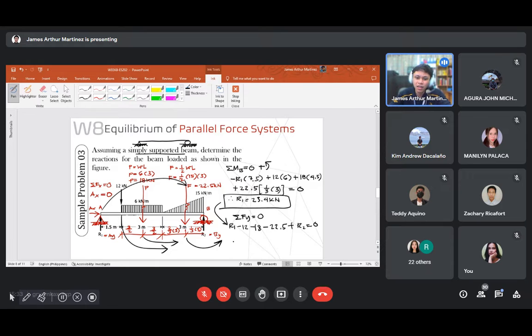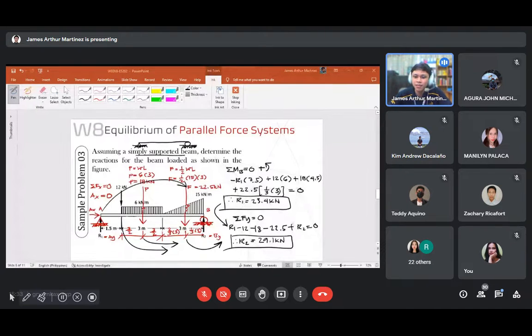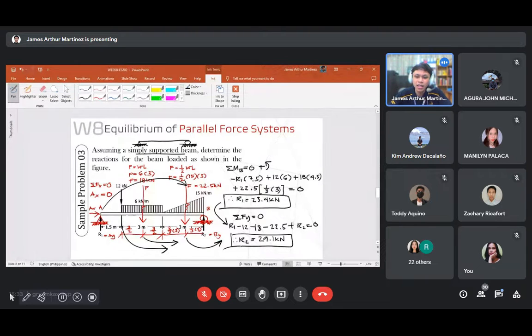Substitute the value for R1, therefore we obtain R2. So, how much is this? This is 29.1 kilonewtons. Okay? So R2 is 29.1 kilonewtons. So that's it, class.